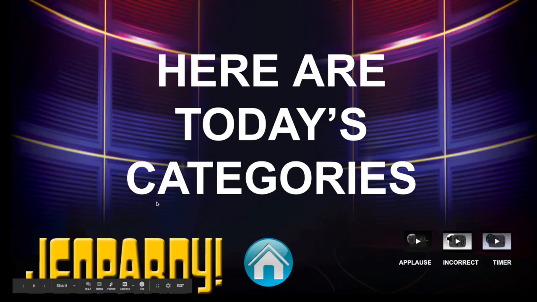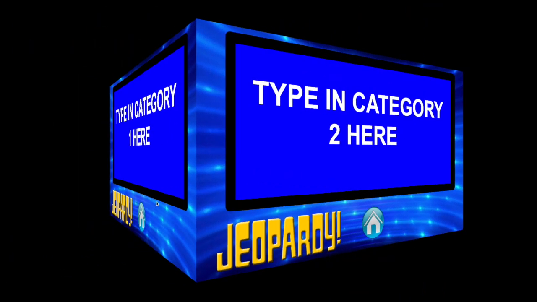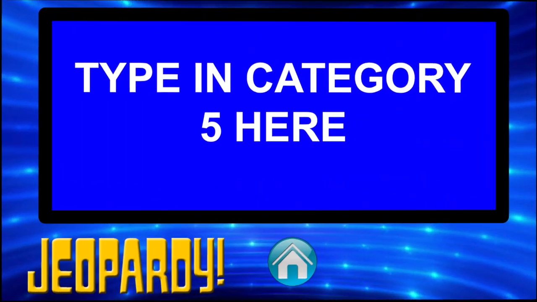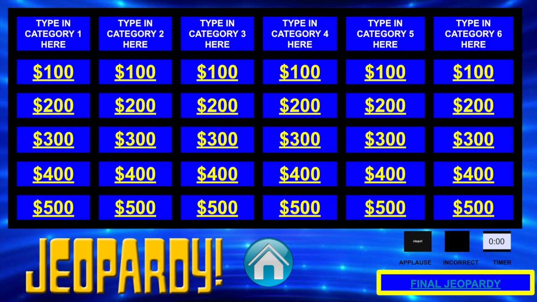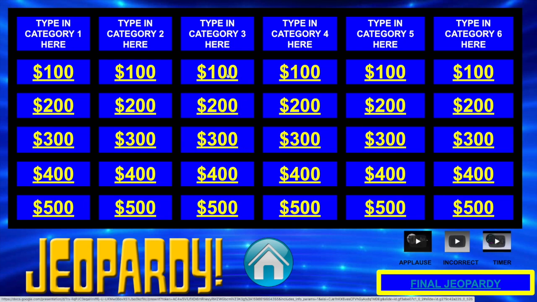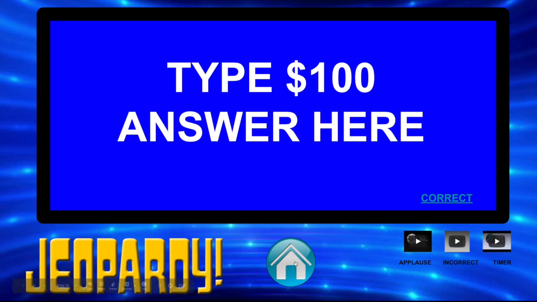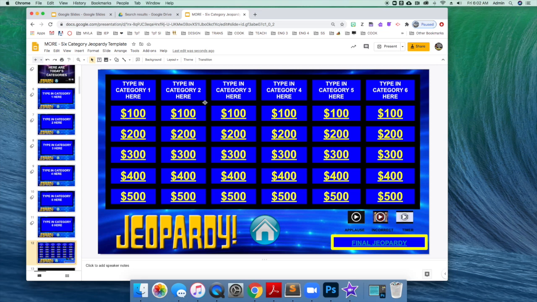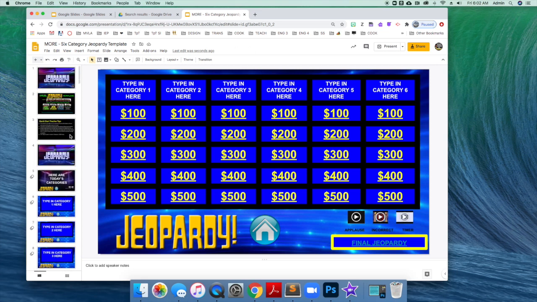Today's categories, and then you go through each of the categories. And then it will take you to the scoreboard. If you click on category 100, it'll take you to the question. You can go to home to bring you back. So that is a 6-category Jeopardy board, which I am going to put in that folder.